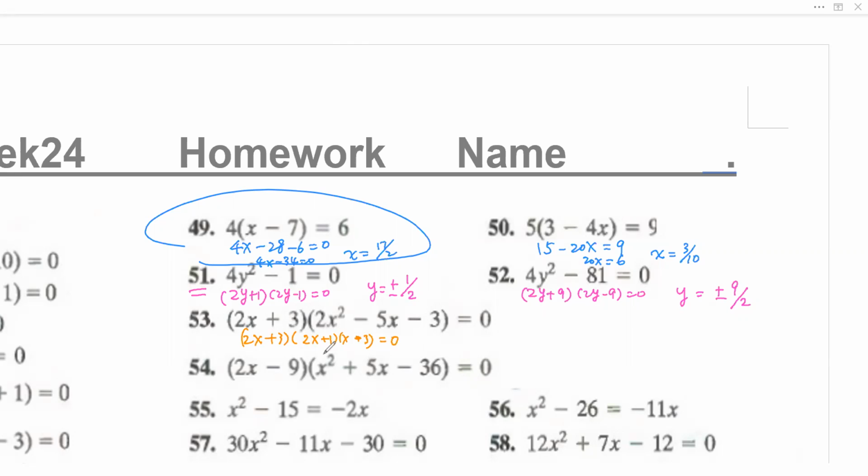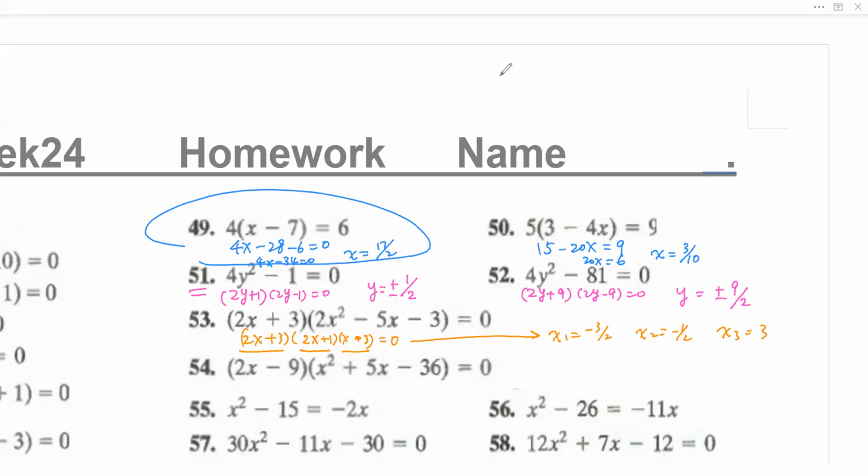Double check it: 2x squared, negative 6x, positive x, so you got negative 5x, right? The rest will be negative 3 right here. So you can get the 3 factors and solutions: x1 equals negative 3/2, x2 is negative half, x3 equals 3.